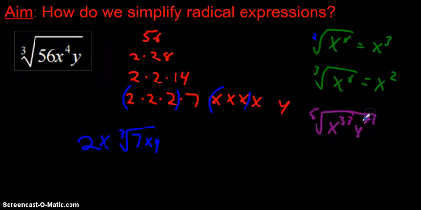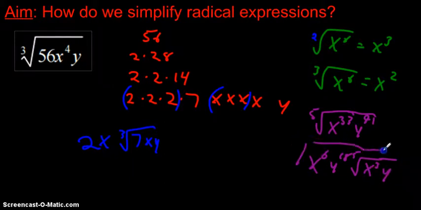I don't know, just making them up, doesn't matter. 5 goes into 30 6 times, so that's x to the 6th, and there are still 3 left over in the radical, and 5 goes into 90 18 times, so that's y to the 18th, with 1 left over in the radicand. So that would simplify to be this.